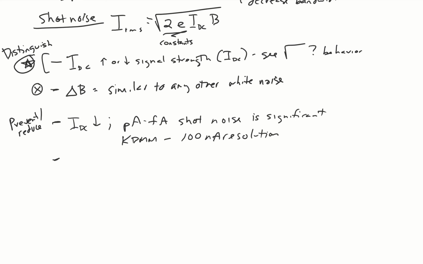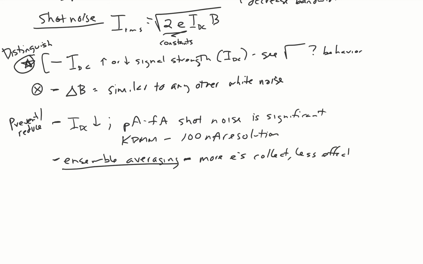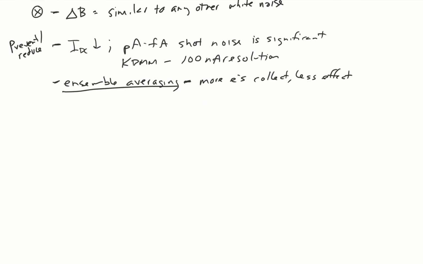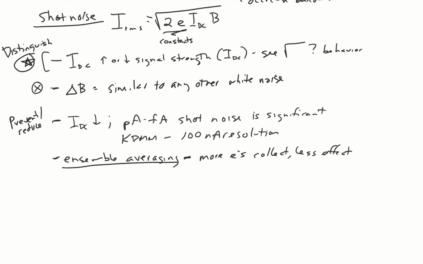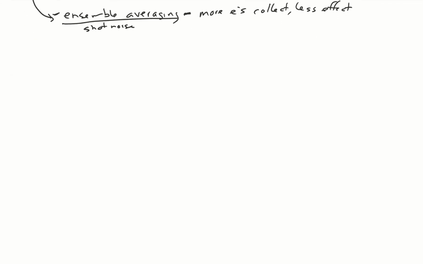Because this is a white noise approach, the best way is to do ensemble averaging, because it does have that white noise effect. So the more electrons you collect, the less the effect is. Okay, so ensemble averaging is for shot noise. Let's move on to flicker noise.